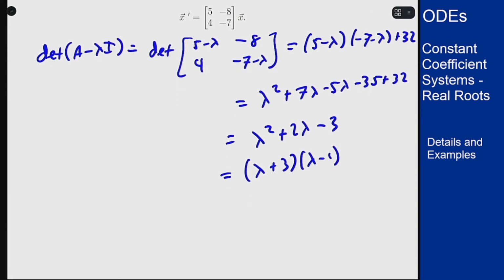So I have eigenvalues at lambda equals minus 3 and 1, which means this will be a saddle point because I have eigenvalues of opposite signs.